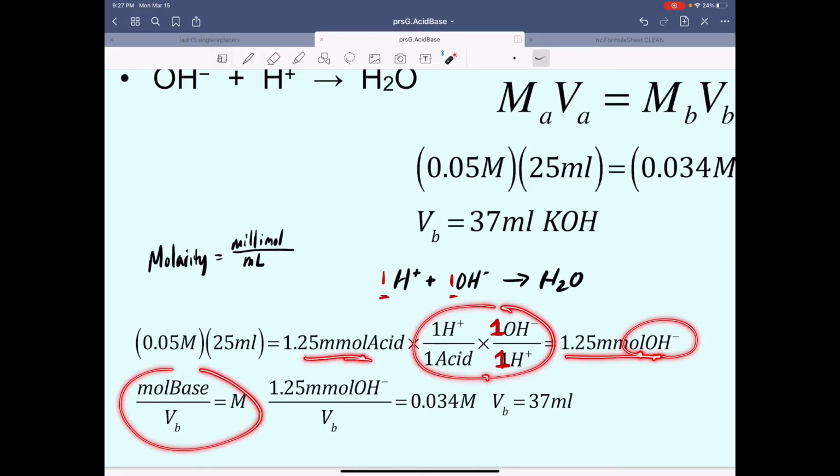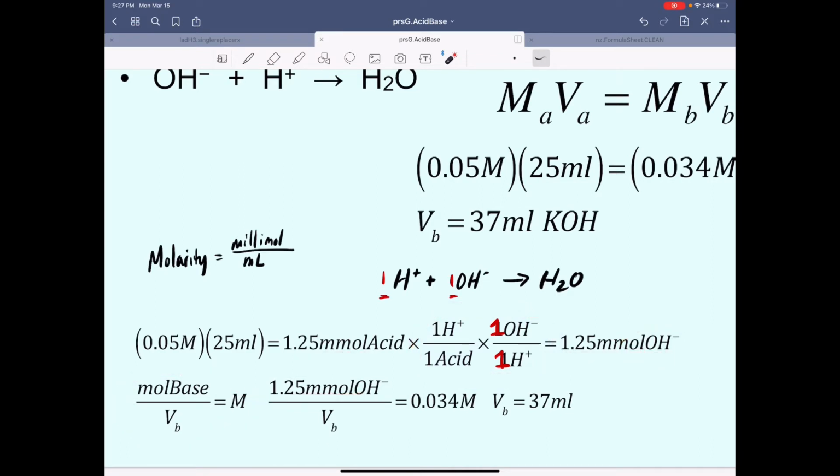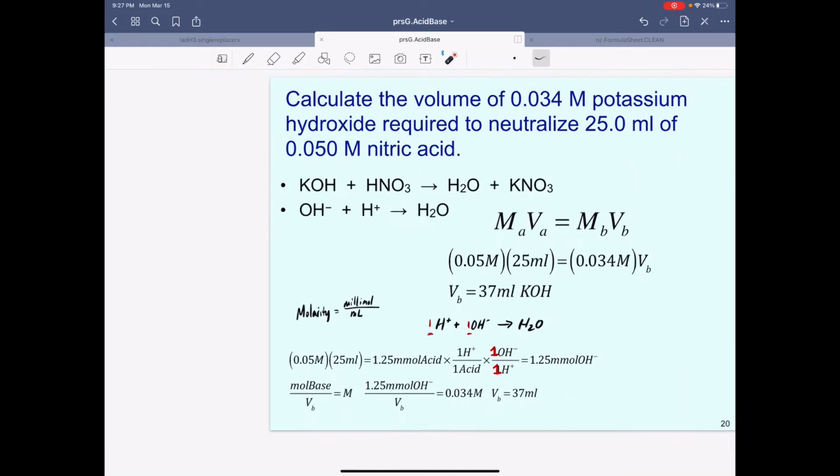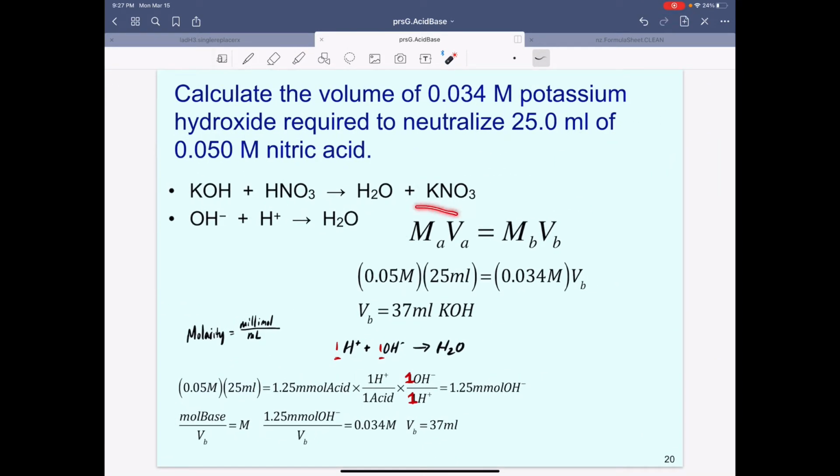And then we can plug that back into our formula. Knowing the millimoles of hydroxide, we can solve for the volume if we know the molarity. And lo and behold, 37 will pop up. But let's look at a little bit shorter way to do that. We want to be able to use what I would call the neutralization equation, which we've called the dilution equation in the past.